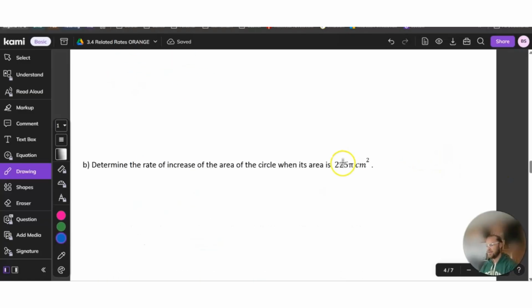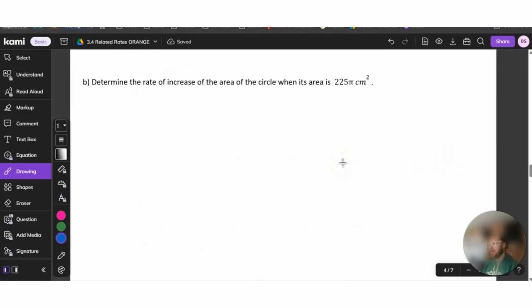All right, let's do the next one. Determine the rate of increase of the area of a circle when it is 225 pi centimeters squared. Okay, I will let you do it if you can tell me what the area of a circle is.